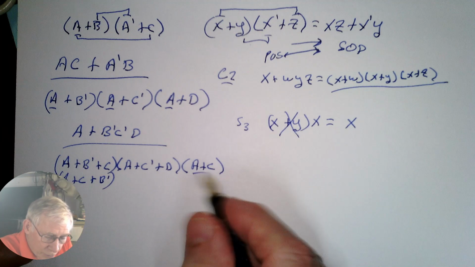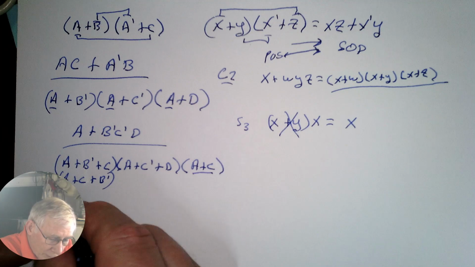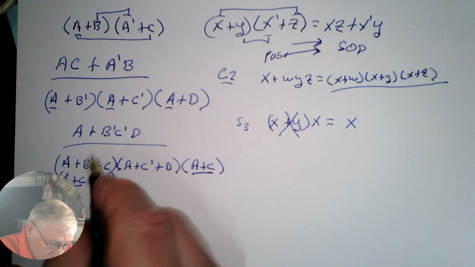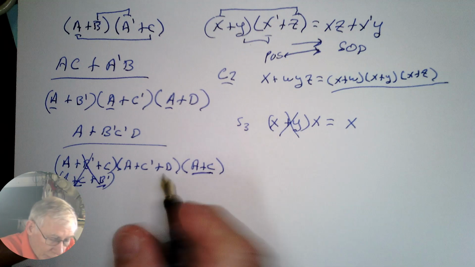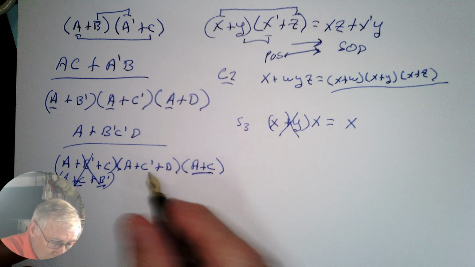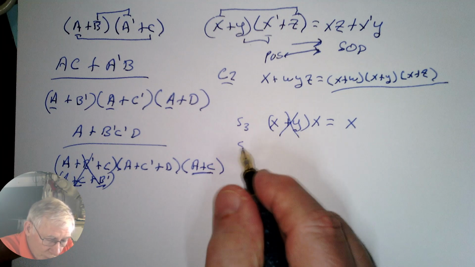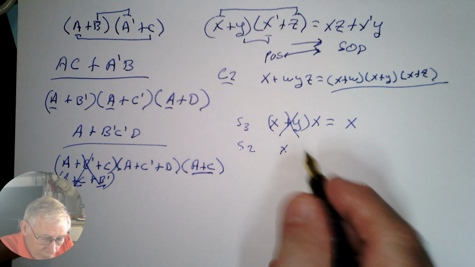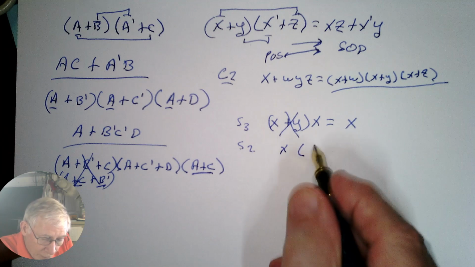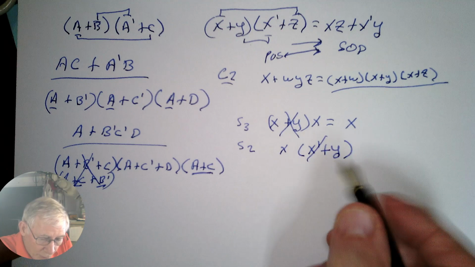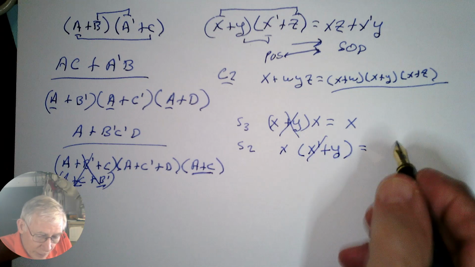Because of this term, we have X plus Y, and here we just have X, so we can drop this whole term. That just leaves us with A plus C prime plus D. Now, because of S2, where we have X times (X prime plus Y), we can drop the X prime, and it just equals XY.